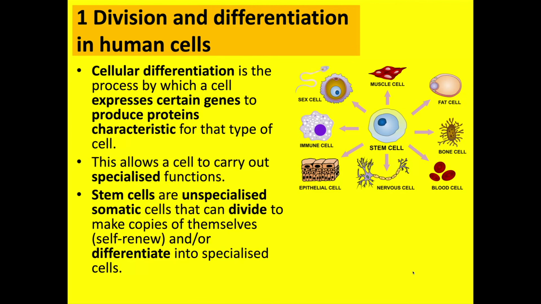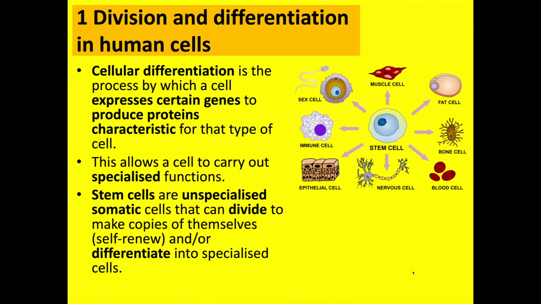So it's the process by which a cell expresses certain genes to produce the proteins that are characteristic for that cell type. For example, a red blood cell will not express the gene for a nucleus because it does not have a nucleus. However, it will express the genes that will give it a biconcave shape.